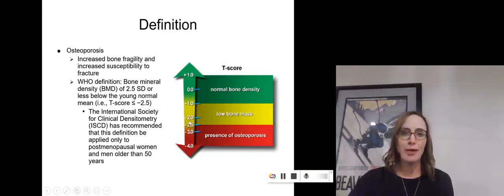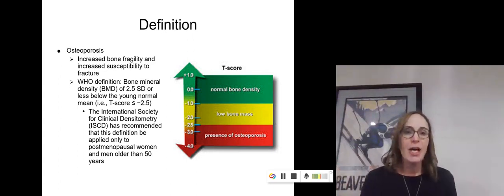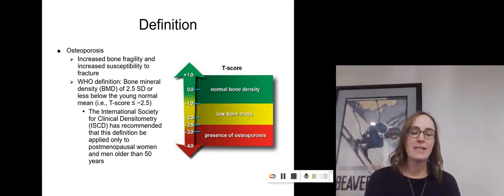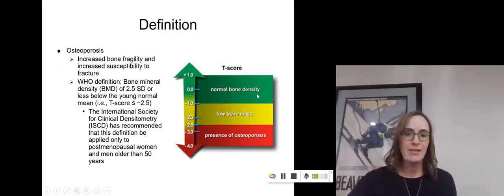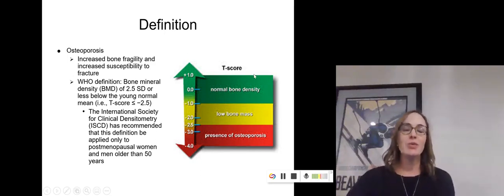So osteoporosis is essentially weak bone or a susceptibility to fracture. The World Health Organization defines bone mineral density based on standard deviations, or what we refer to as T-scores. If you've got a patient that you want to order a bone density test on because you're worried about their bones, they are going to give you a report that has T-scores.